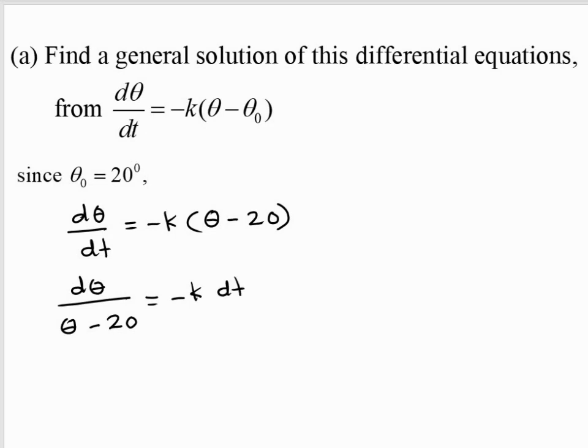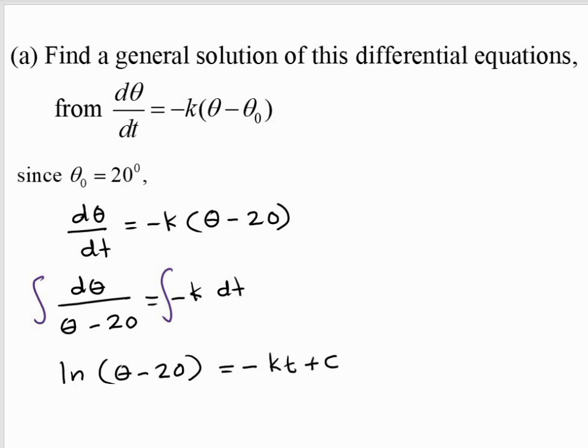And then as usual, I am going to integrate both sides. Integrating 1 over (theta minus 20), we get ln of the absolute value of theta minus 20. And integrating negative k with respect to t gives negative kt, and don't forget to add c.